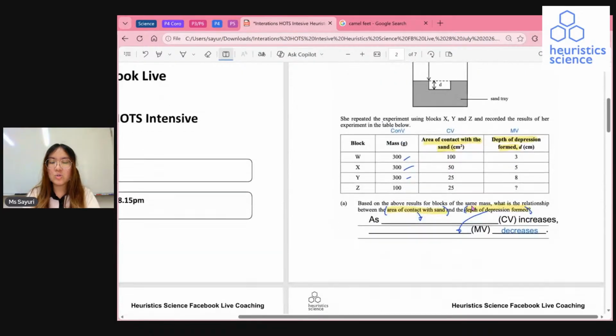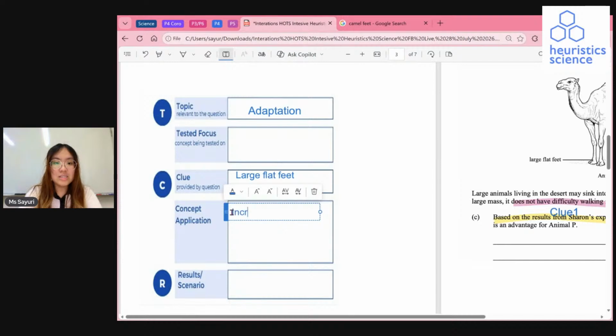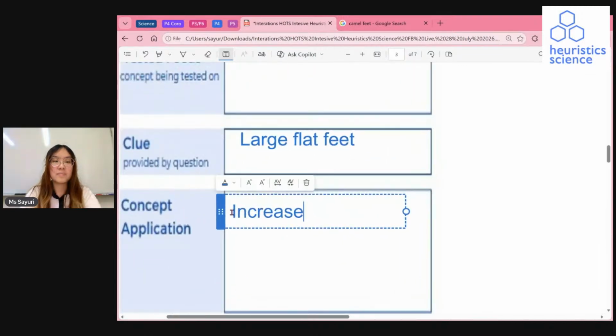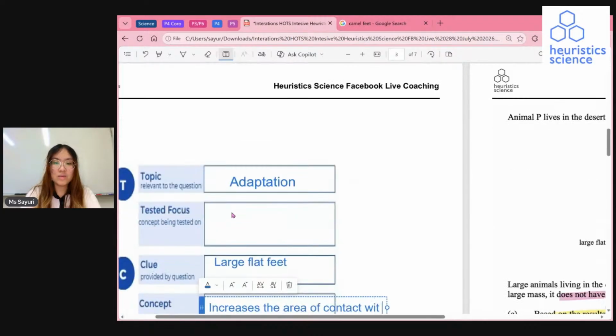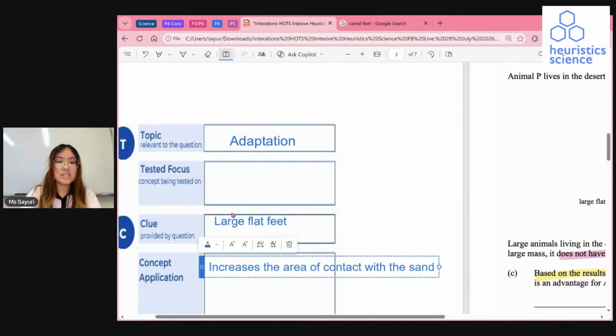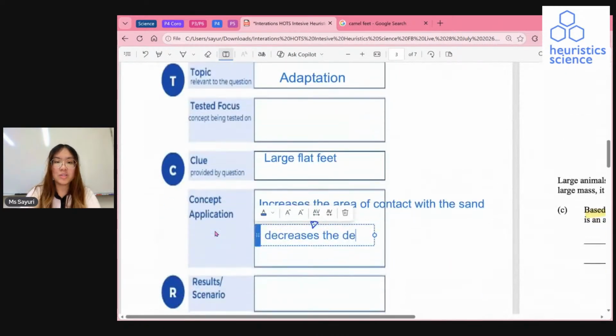So you'll know that if you have large flat feet, you actually increase the area of contact with the sand, which is going to in turn lead to decreasing the depth of depression formed on the sand.